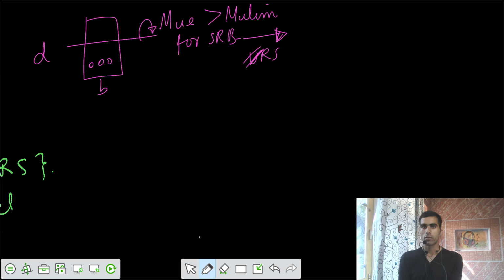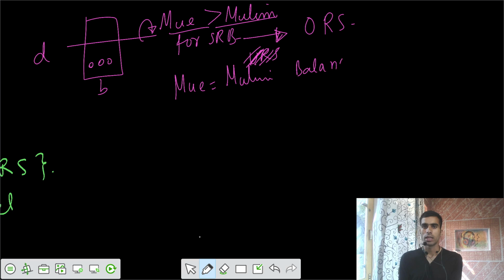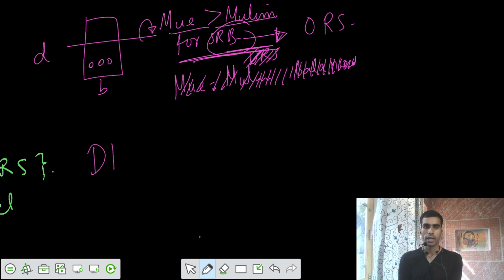It would become an over-reinforced section because your moments are greater than the limiting moments. If MUE equals MU limiting, it was a balanced section for the singly reinforced beam. But since the external moment is greater than the limiting moment of resistance, we should not go for a singly reinforced beam. We should go for DRB.